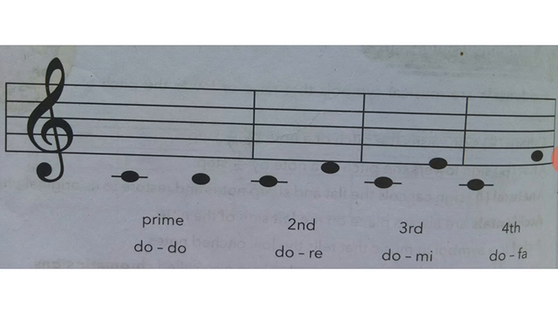And next is 7. Do, re, mi, fa, so, la, ti. And next is what we call octave or 8. Do, re, mi, fa, so, la, ti, do. So those are the different intervals in music.